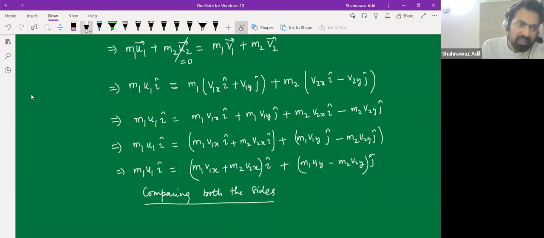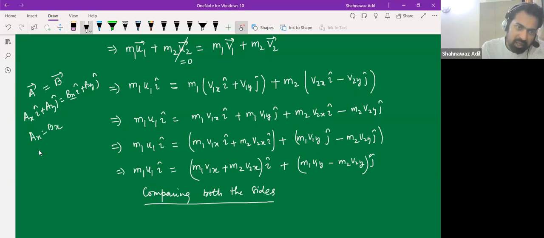If two vectors A and B are equal, which means that their direction and magnitudes are equal. Let's say this is AX I plus AY J and this is BX I plus BY J. So AX should be equal to BX and AY should be equal to BY.